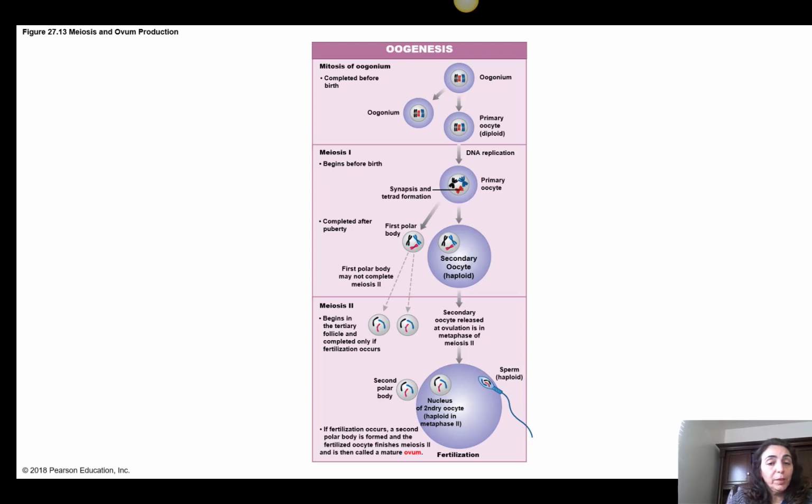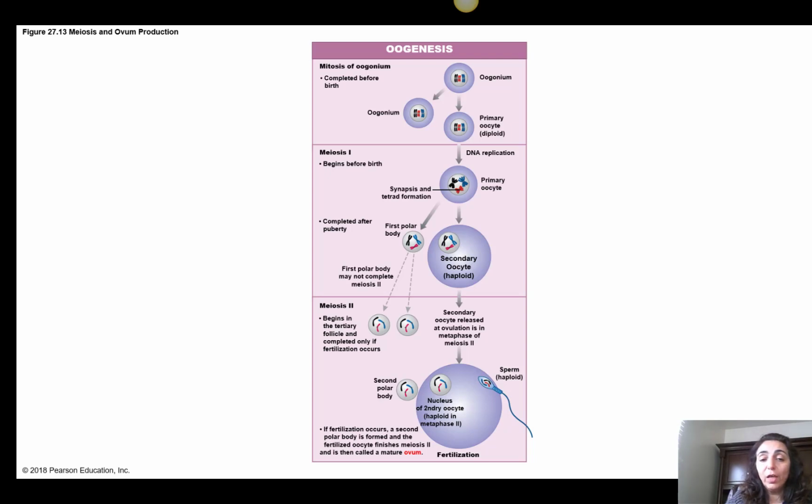Now, to make it complete, you will see that oogenesis is not this straightforward. In this process, in some steps, we have some pauses. It is not that it continues from the beginning, boom, goes to the end. No. In some steps of the process, we have pauses.